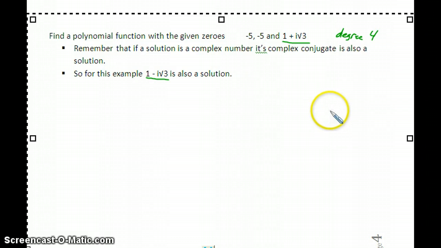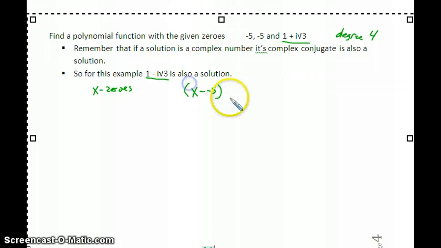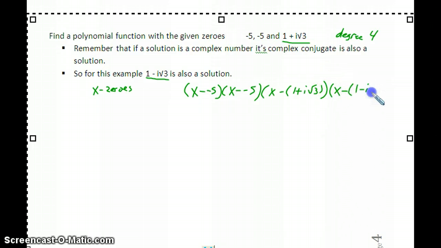So if I'm going to try to find the polynomial, I have to write these zeros as factors. So I'm going to do x minus each of the zeros. So that would look like this: x minus negative 5, x minus negative 5 again, x minus 1 plus i square root of 3, and x minus 1 minus i square root of 3.